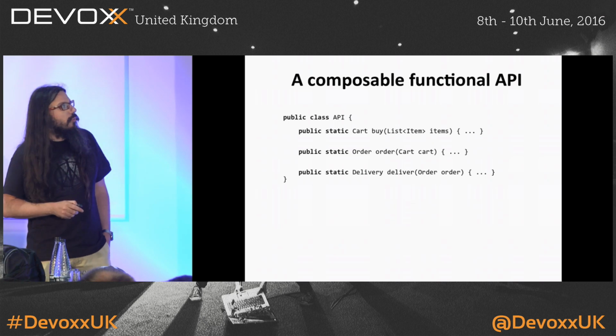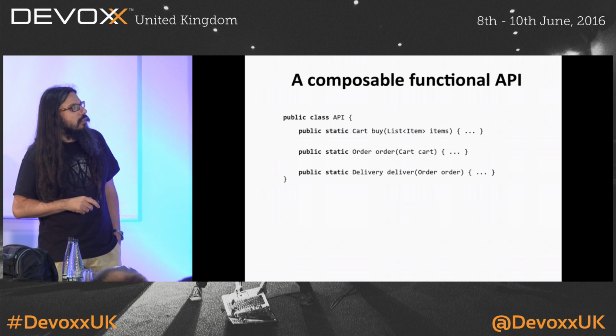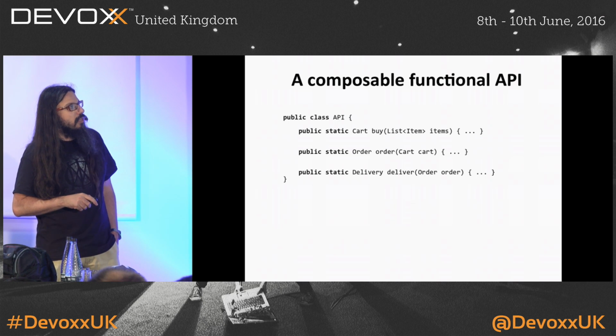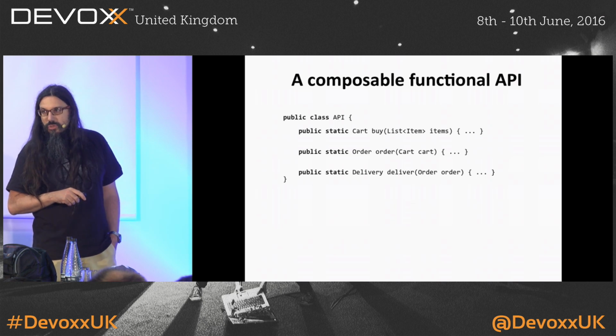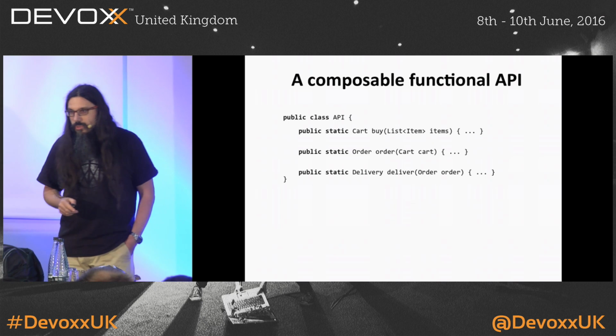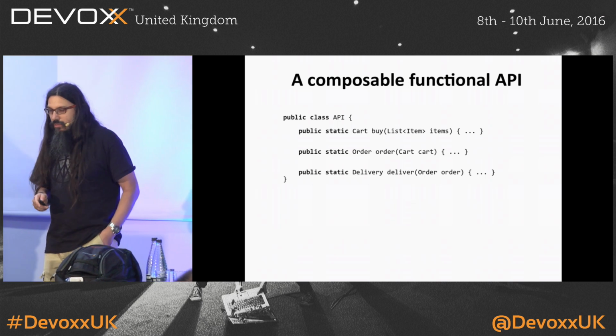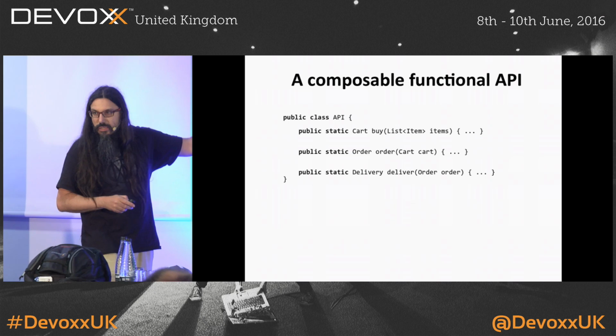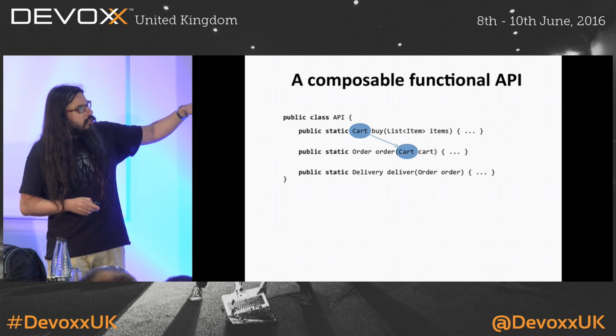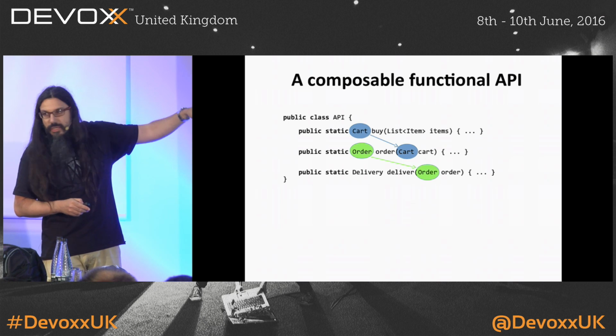So your API is made of these three methods. You have a list of items, and you buy them, and it becomes a cart. Then you order the cart, and it becomes an order, and then you ship it. And I designed these three methods so that you can concatenate them.